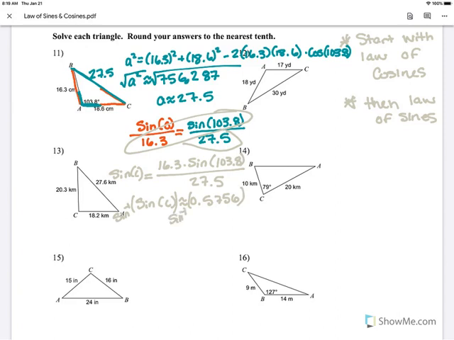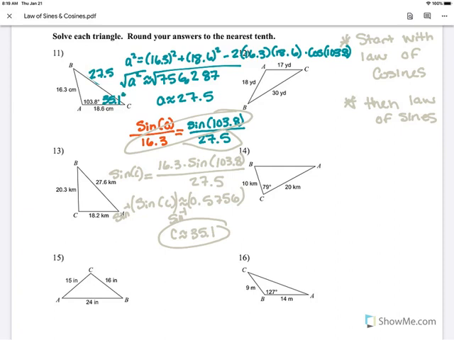So do second sine, second answer. And you should get approximately, so C is approximately 35.1. So go ahead and label it on your triangle. C is approximately 35.1. Okay, and that's degrees, right?